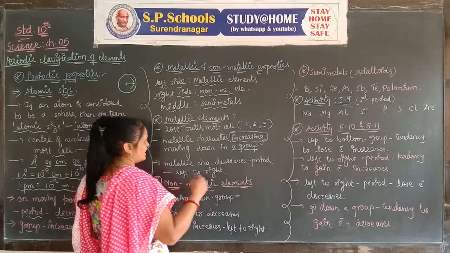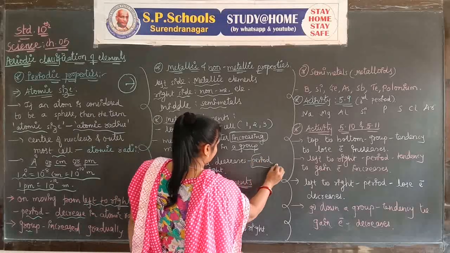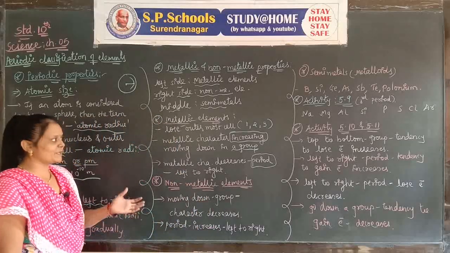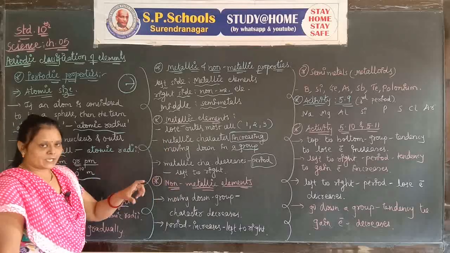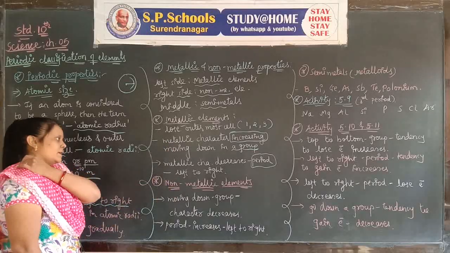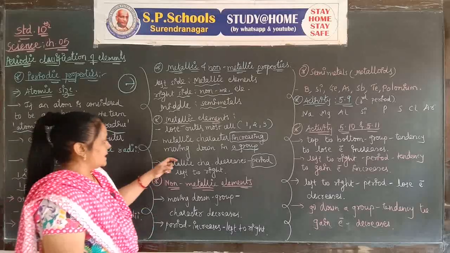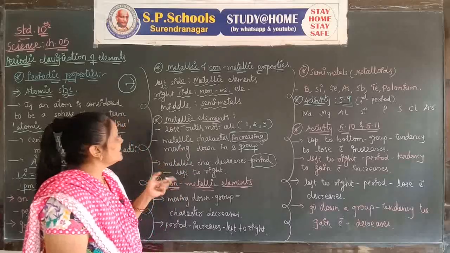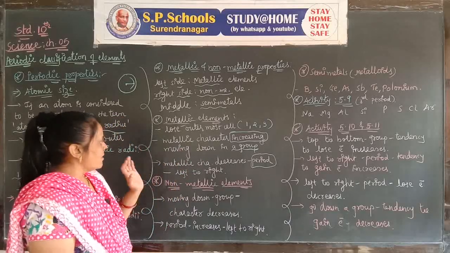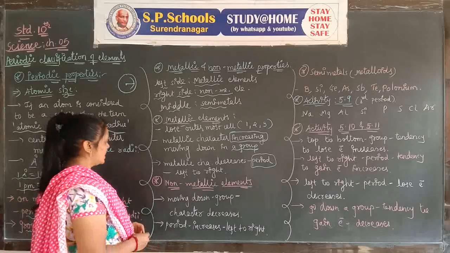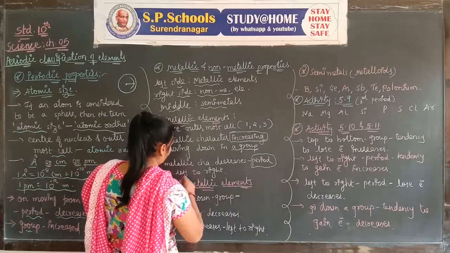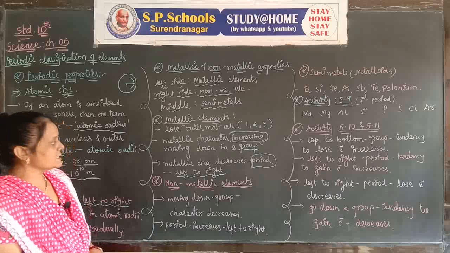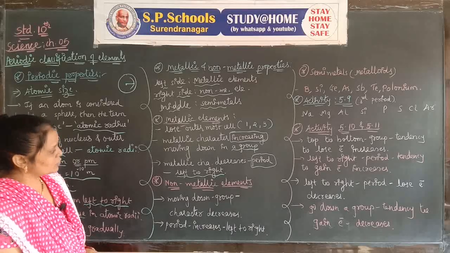I am saying it again and again because in period and group it is increasing and decreasing, so you have to learn it properly. Again, moving down in a group, metallic character increases, but going left to right in a period, metallic character decreases.